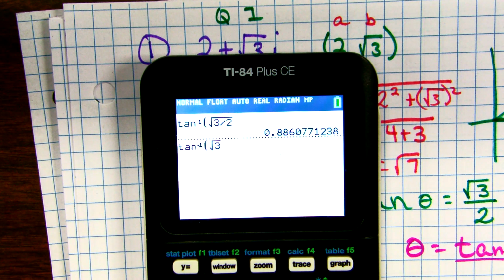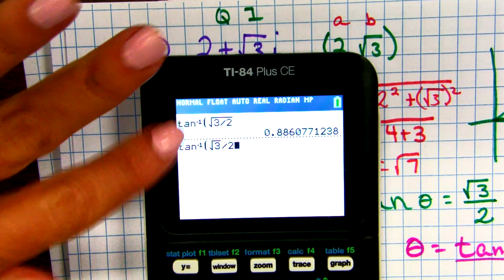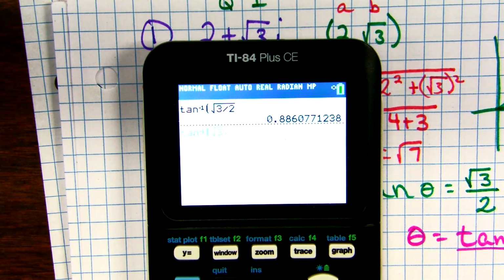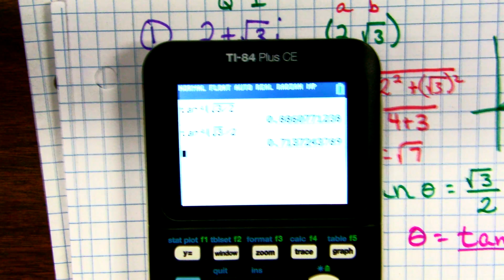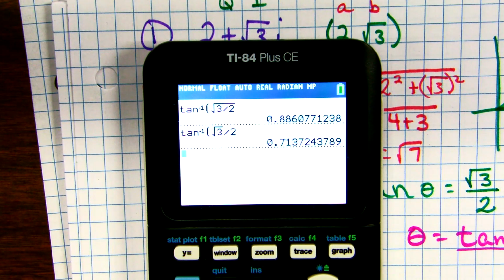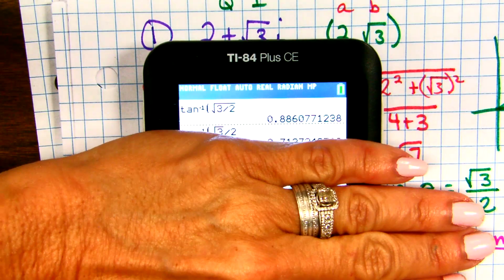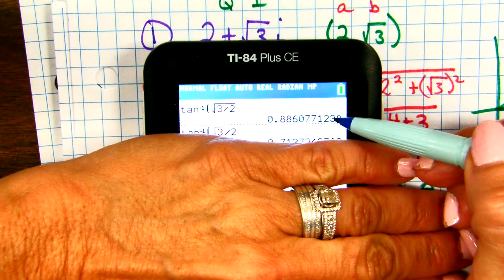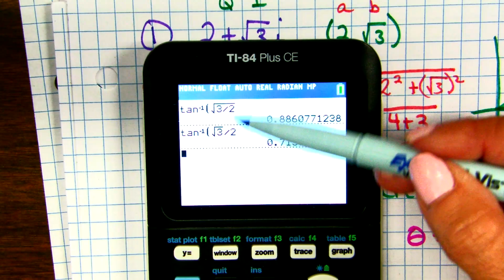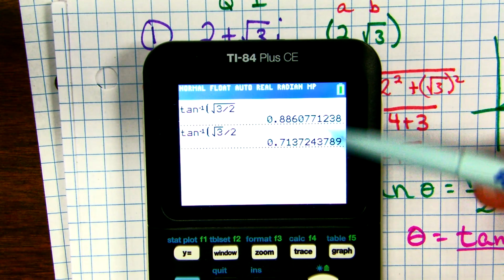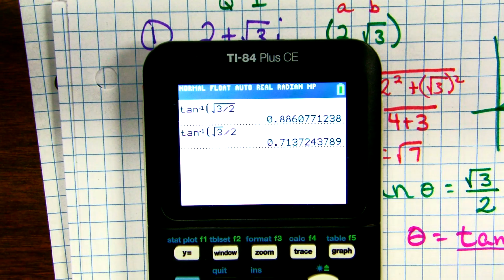But that would be easy to forget, because whenever you have to go to your calculator to find an angle, you're always going to get some crazy decimal, some irrational number. So it wouldn't be out of the question to get a weird answer like that, and you might not pick up on it. But look at the difference in how they look typed in and the 2 different answers. So be really, really careful.